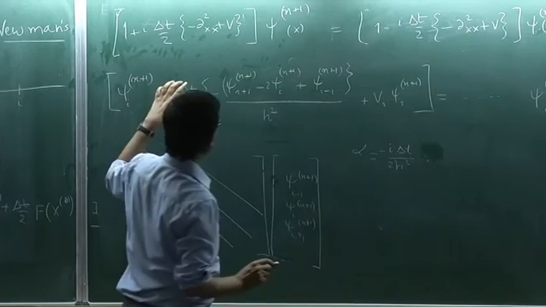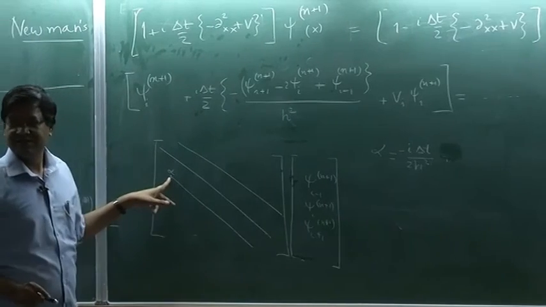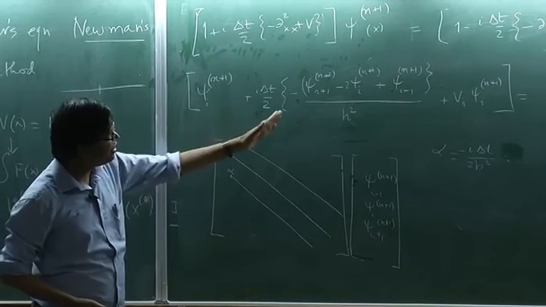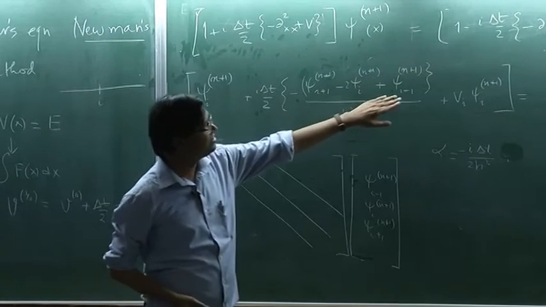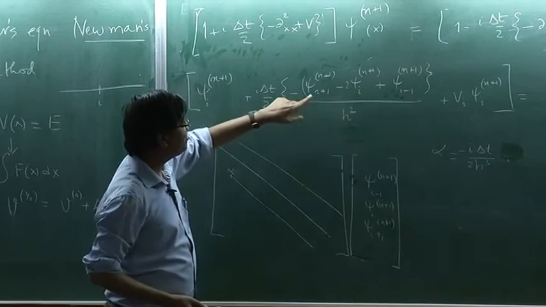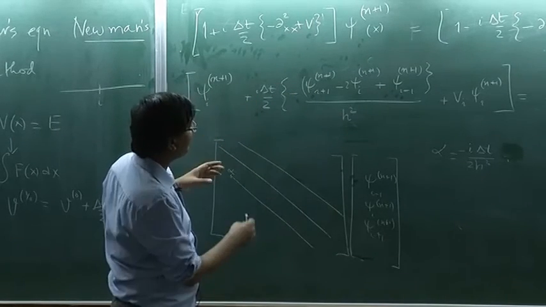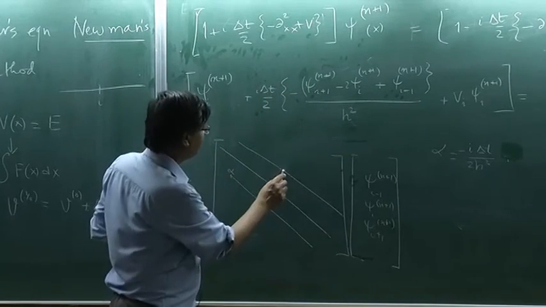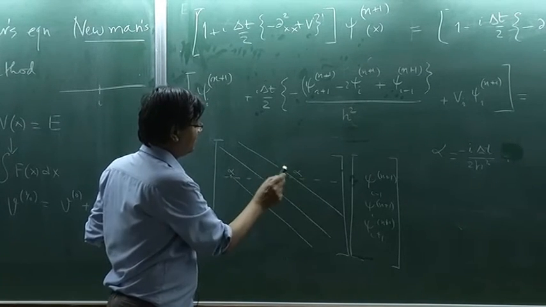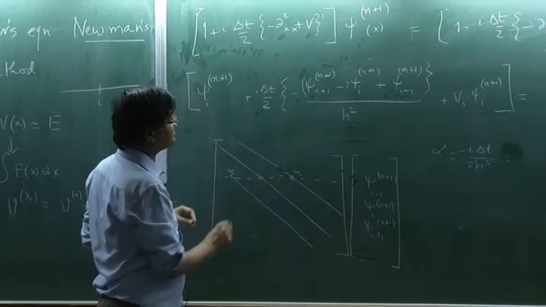So this is that term, it will come here. Is that clear to everyone? So just collect the term of ψ(i−1), which is the only term. ψ(i+1) will be this term, and in fact again the same thing, this will be alpha.